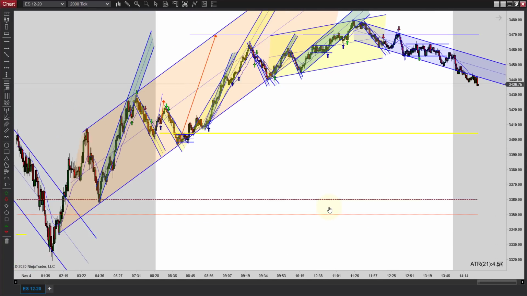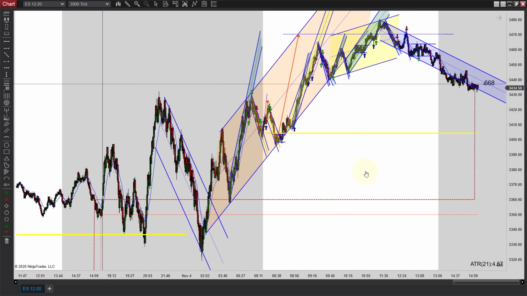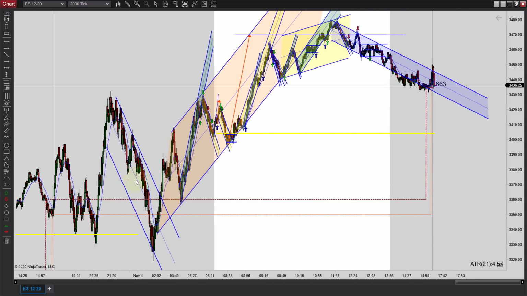So I'll back out one more time here so you can see the whole thing. It's really hard to get it all in there without backing way, way out. But yeah, we had a two-tiered channel up. We had a break, a new high. And then we had this channel working down, and we really had an overshoot, which led to a break right into the close.